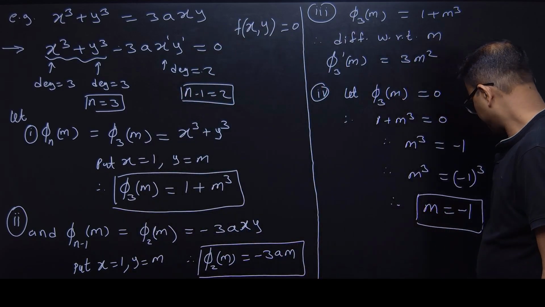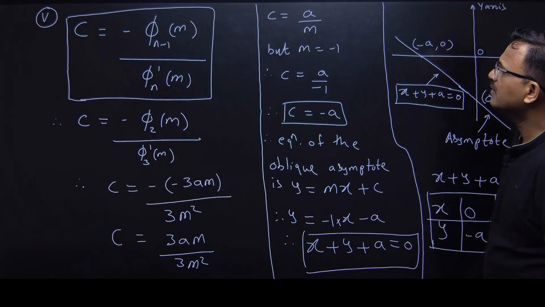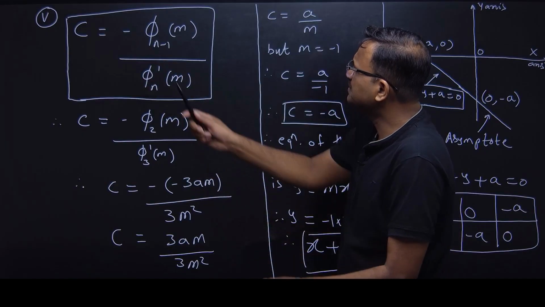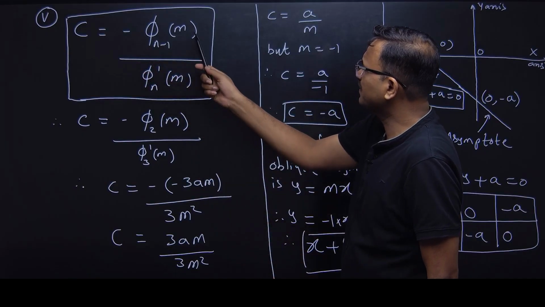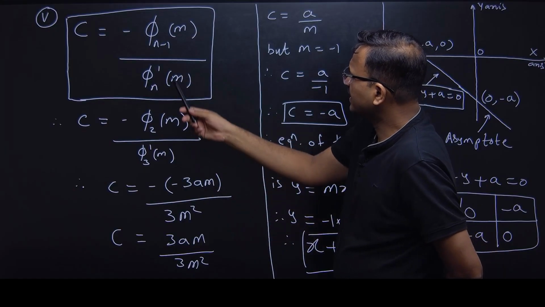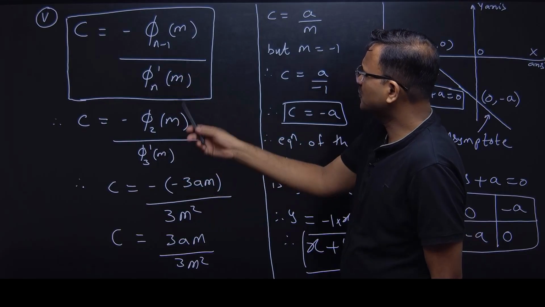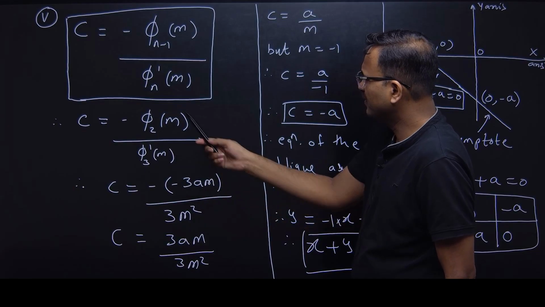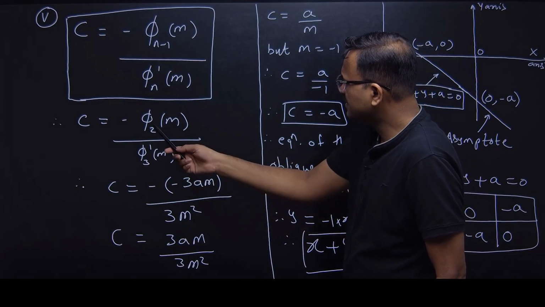And now, to find C, we have a formula. C is minus phi n minus 1 of m upon phi n dash m. In our case, n was 3 and n minus 1 was 2. So C is minus phi 2m upon phi 3 dash m. Phi 2m we have found just now.